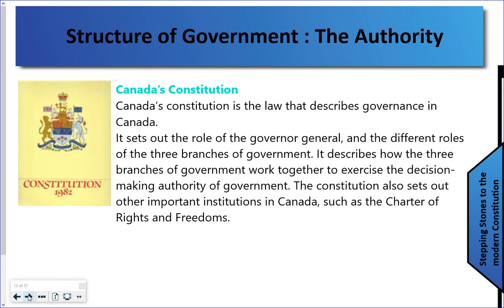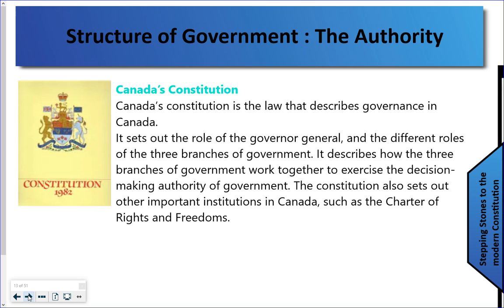All right. The structure of our government, the so-called authority, the head of everything, the foundation upon which our country is placed is our Constitution. It is the law that describes governance in Canada. It sets out the role of the Governor General and the different roles of the three branches of government.